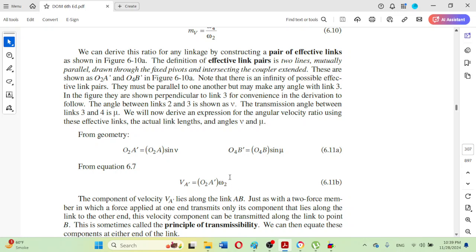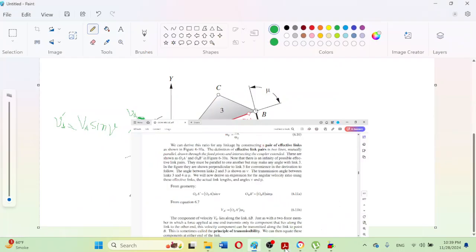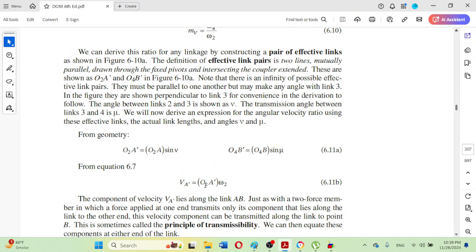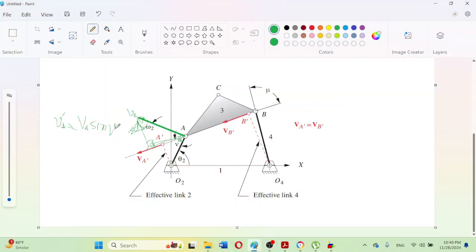If the angular velocity omega 2 is given or known, then we can multiply it with the effective crank, and we will obtain the VA dash velocity, which is this component.